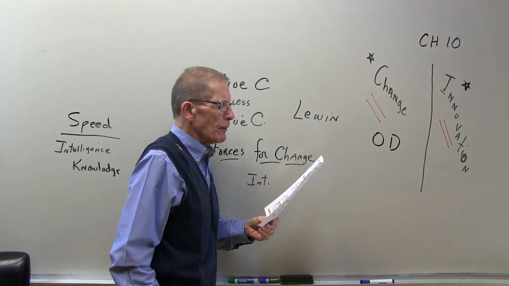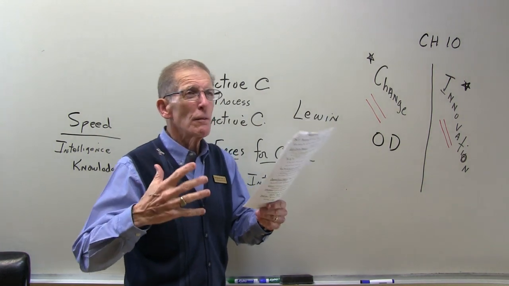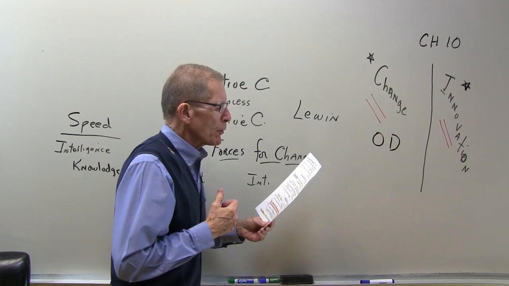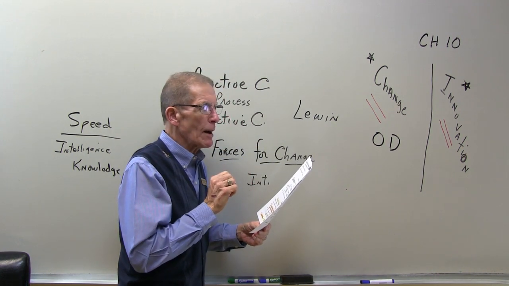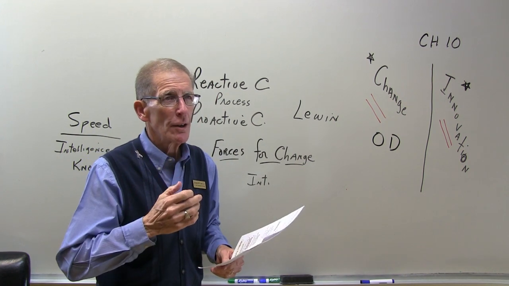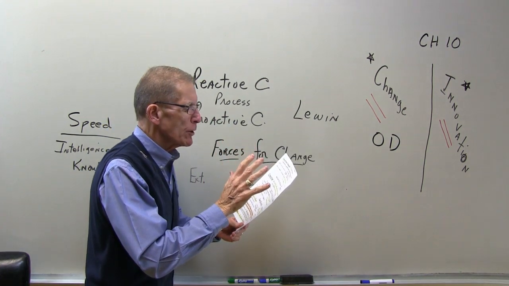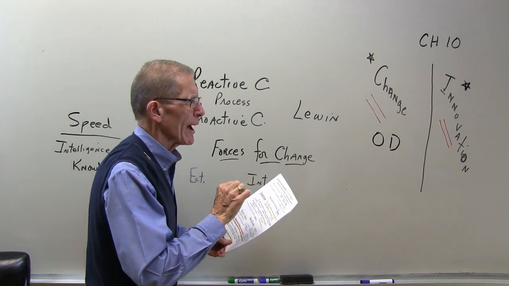The activity of creating new ideas. This idea of new. Innovation has to do with new, and we know that. The idea of creating new ideas and converting them into useful applications. Now see, this is a business definition of innovation. Creating new ideas and converting them into useful applications.